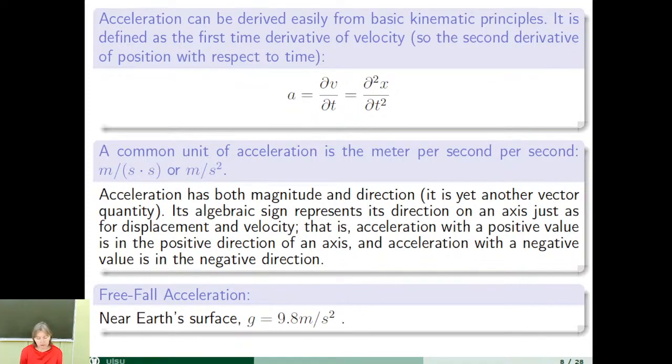The instantaneous acceleration is a equals dv by dt.